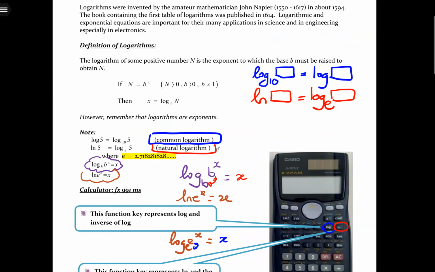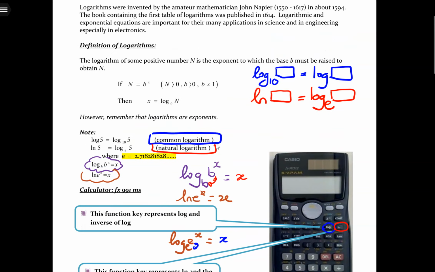On the next page I will talk about the keys above the natural logarithm key and the common logarithm key. Above these two keys, you will see a 10 to the exponent x, and the other one is e to the exponent x.